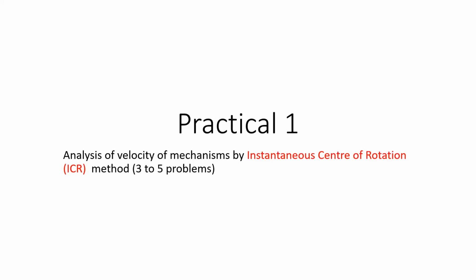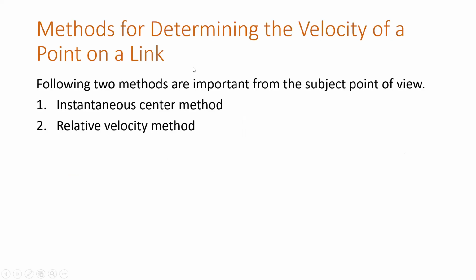Okay, so next slide. Which methods are there to determine the velocity of a point on a link? So in practice, there are many methods which can be used to do the velocity analysis. But in our subject, we are limited to our syllabus. In that, we have these two different methods.